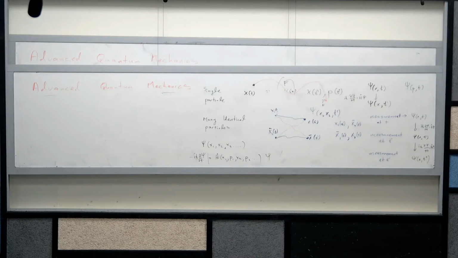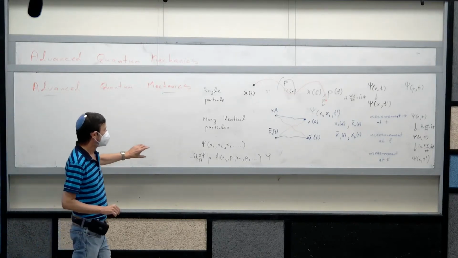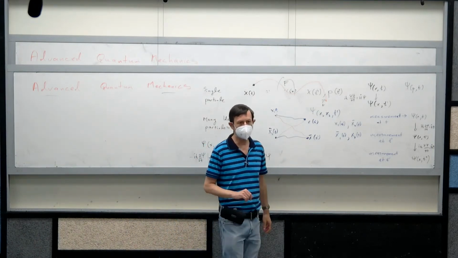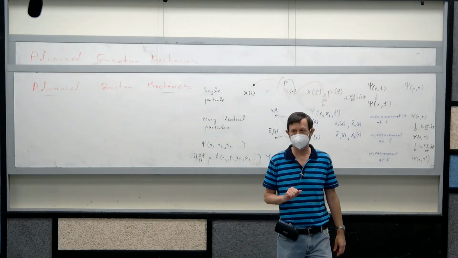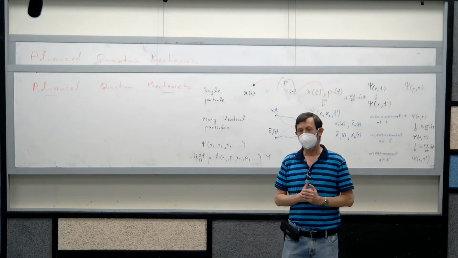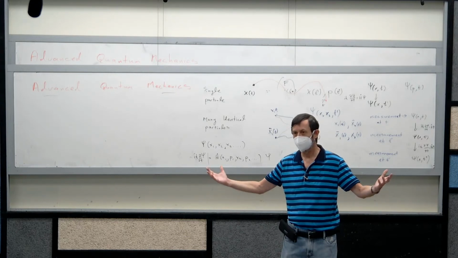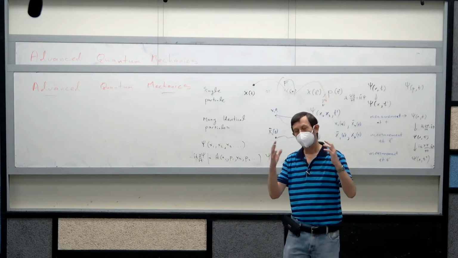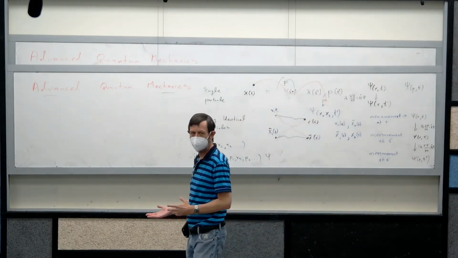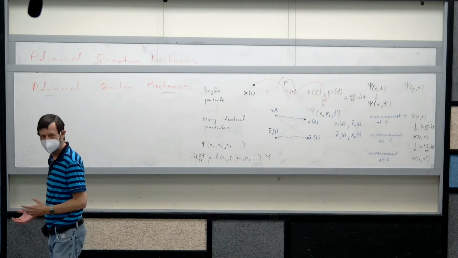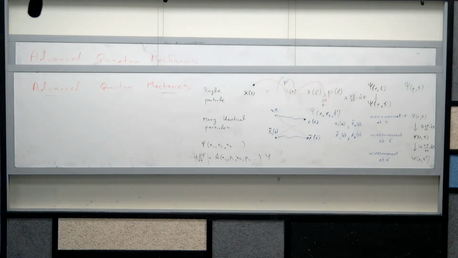So does someone know here the simplest relativistic equation which replaces the Schrödinger equation? Dirac equation. Dirac. We will see from where Dirac's equation comes, why it looks as it looks.